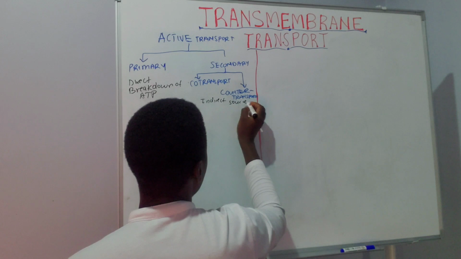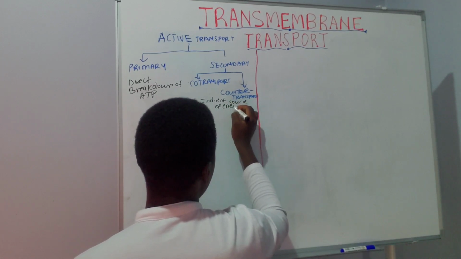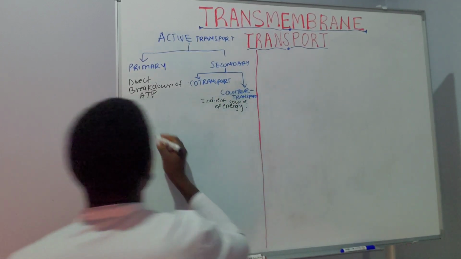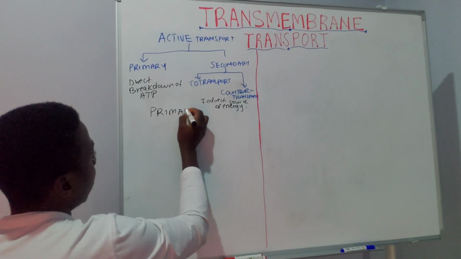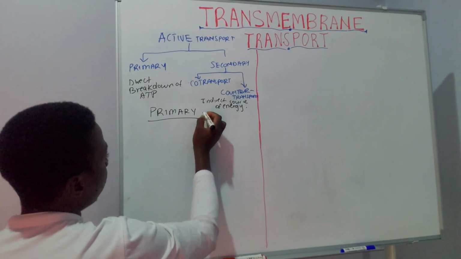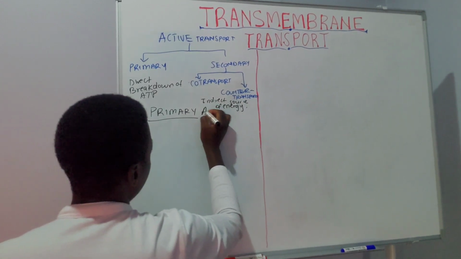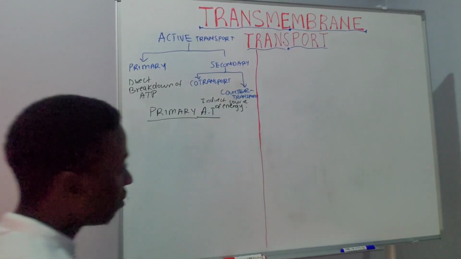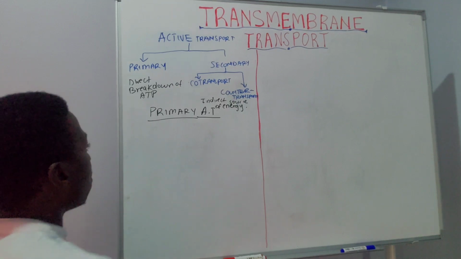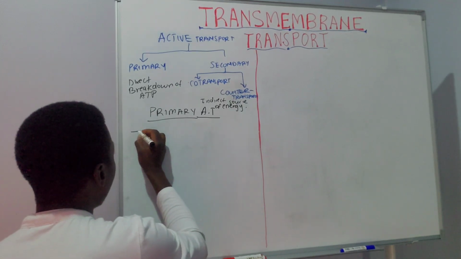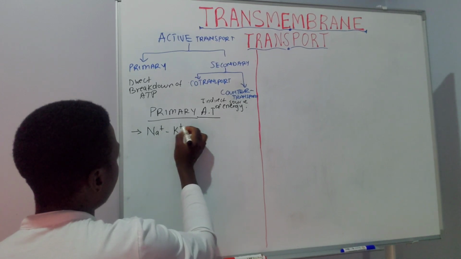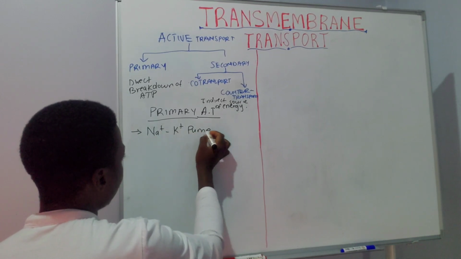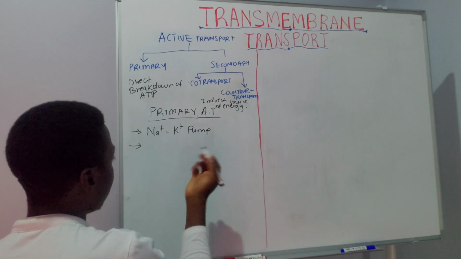Indirect source of energy. So let's look at the primary form of active transport. For example, we have the sodium potassium pump, which you've probably already met.